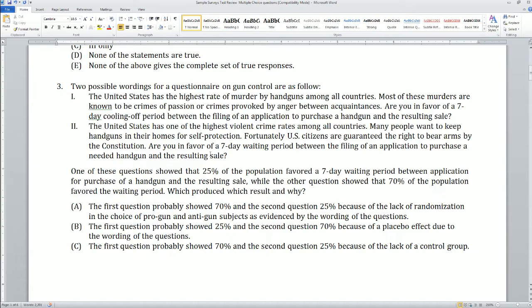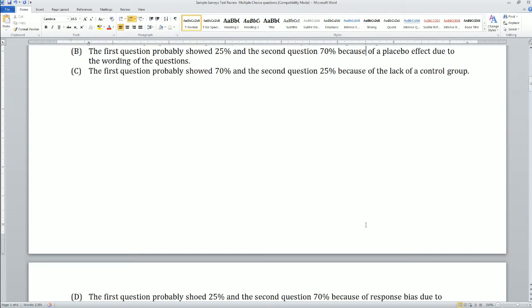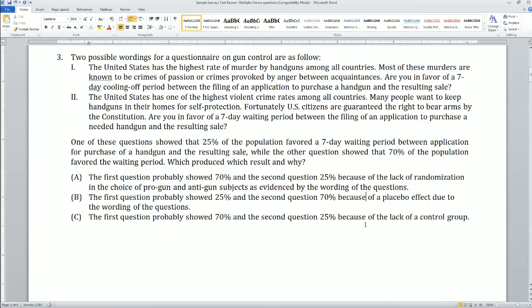So let me stop you. Knock B out, it makes no sense because the placebo effect only works for an experiment. This is not an experiment. Same thing with C. You have to take out C because it mentions a control group.